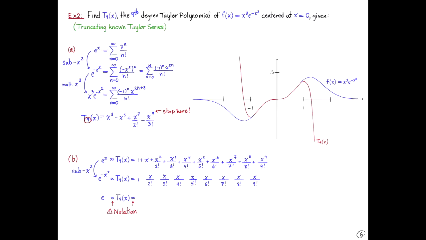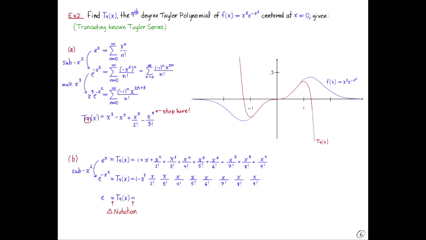I already gave you the outline of this problem just so that you don't have to write quite as much. Subbing in negative x squared on the right-hand side, 1 stays the same. Subbing in negative x squared into x, I'm going to move this 1 over so I can make room for one more term, giving us a negative x squared.